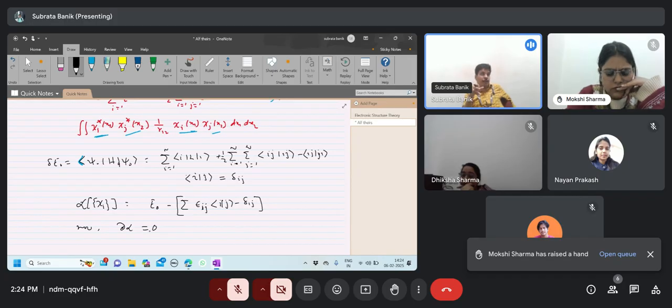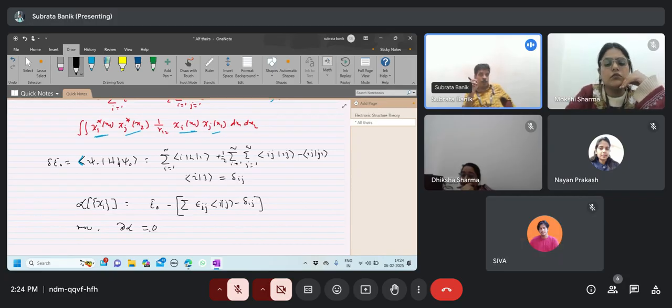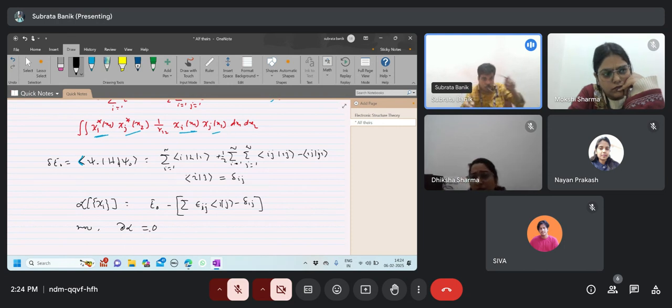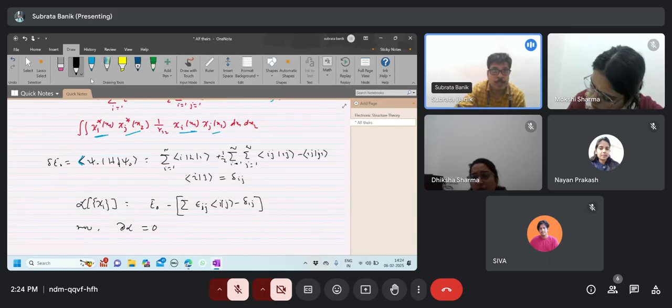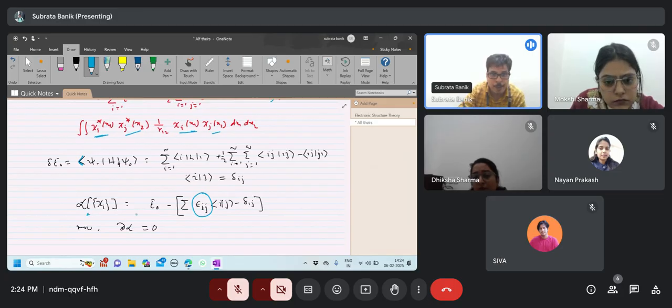We have to determine them. We have to find the values of ε_ij such that these two functions, E0 and L, have the same minimum. That's all that is important. We want to find the minimum of E0, but we can't, so we convert this function to another function and choose the multipliers such that the minimum of L and the minimum of E0 are exactly the same.